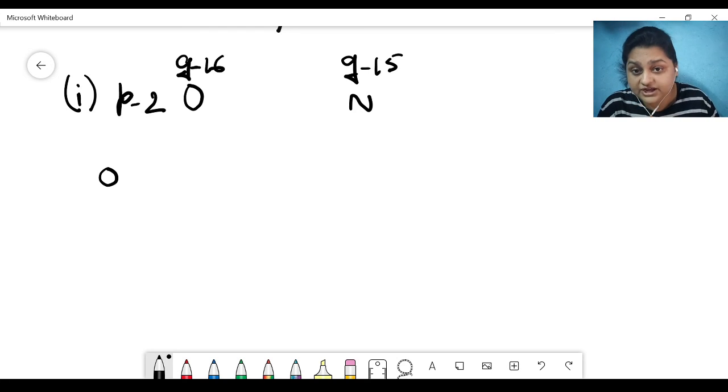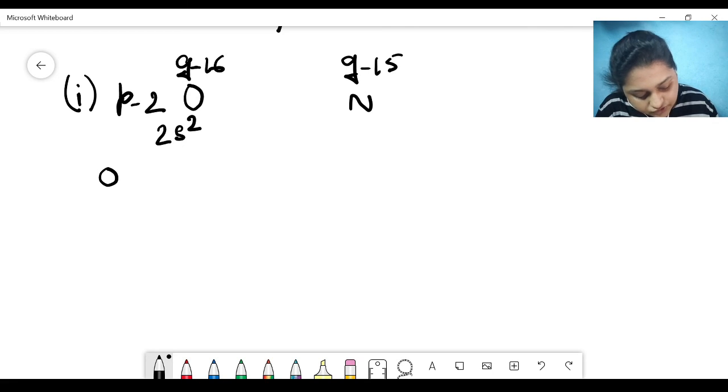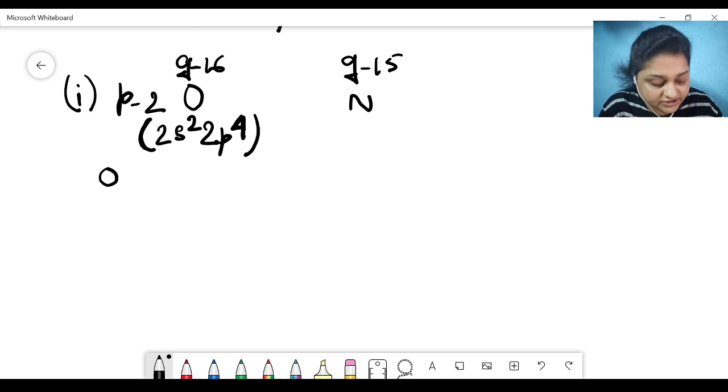Again, we are going to take the help of their respective electronic configuration. For oxygen, the valence shell electronic configuration is 2s2 2p4. For nitrogen, it is 2s2 2p3.